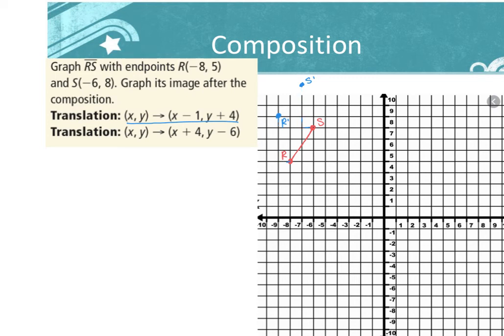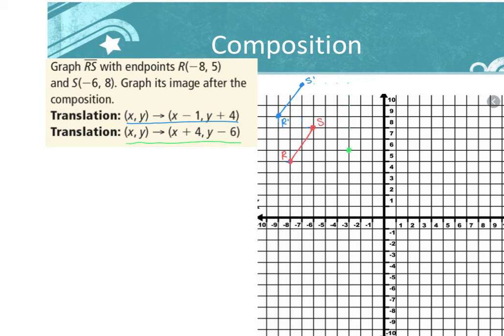Okay. From here, I want to connect these 2 to give us our new line segment, okay? Our second translation, we're going to move 4 to the right and down 6. So S prime is going to move 4 to the right, 1, 2, 3, 4, and then down 6, 1, 2, 3, 4, 5, 6.